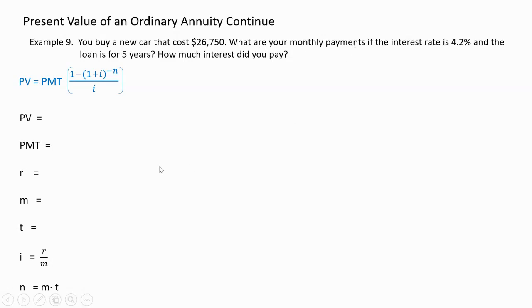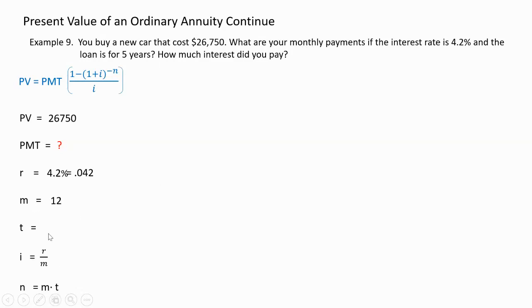What we're looking for is the payments. The present value that you bought from the bank is $26,750. The interest rate is 4.2%, which would be 0.042. Most of the times when you purchase a house or a car, M is going to be 12 because it's payments per month.